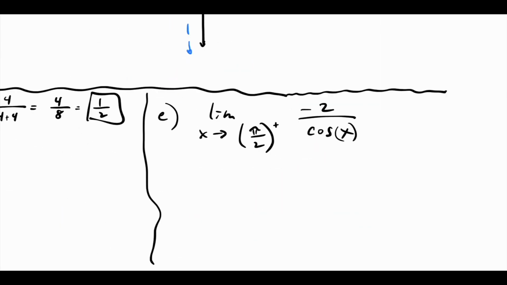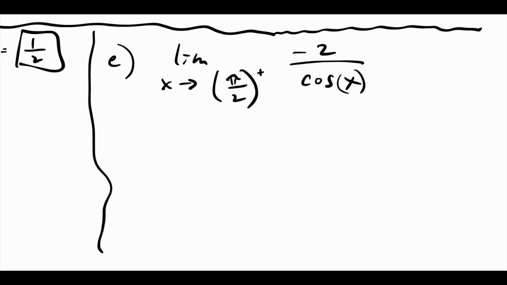So, can't factor it, but does this guy have a vertical asymptote? When I say, does it have a vertical asymptote, what I'm saying is there a value I can plug in for x that would give me 0 on the bottom? Which value? Cosine of what gives me 0?